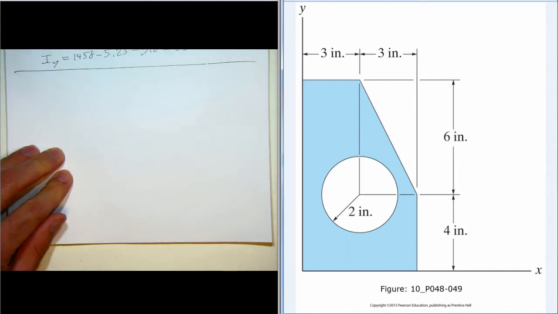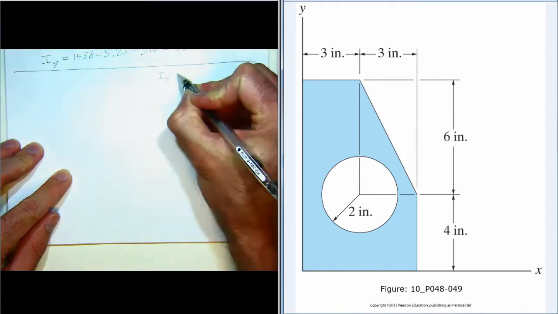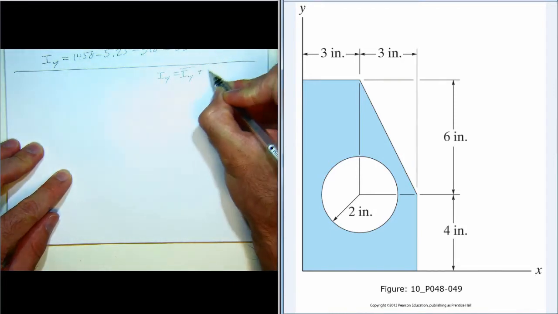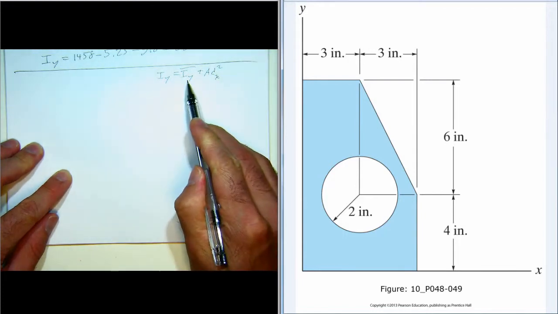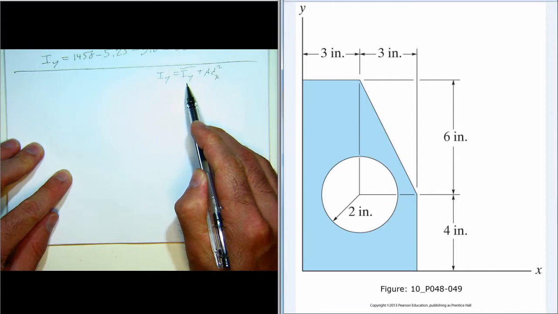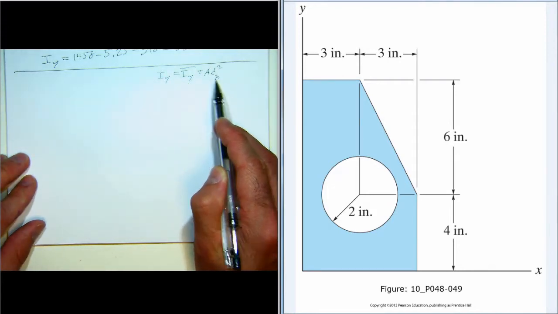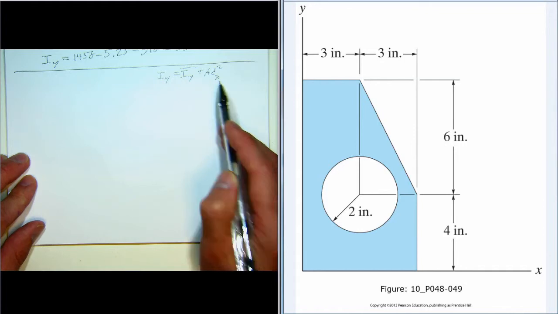So we're just going to use this equation to find the moment of inertia of the different components making up this composite body. So we'll have to get all this information: the moment of inertia about the centroidal y-axis, the area of the segment, and then the distance between the two parallel axes, that is the centroidal y and this reference y.